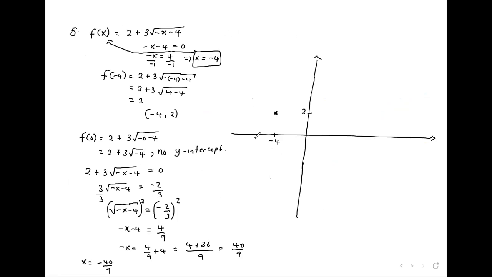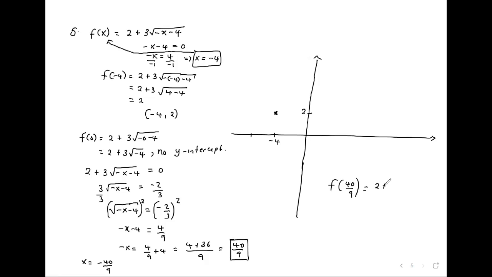So though it looks as though we are able to obtain the y-intercept, this guy looks like that won't be the case, because if we get this value and take it back in the function, 40 over 9, let's see if it's a true value.